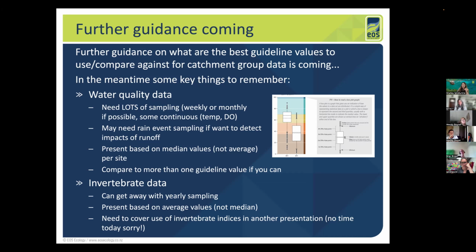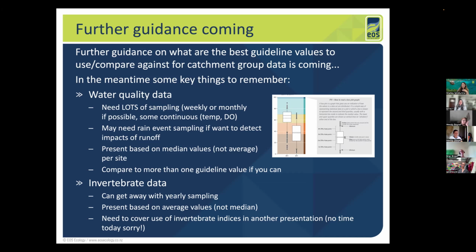But on the flip side, for invertebrate data, you can use average values. Partly that's because for invertebrates you only need to do yearly sampling, really, unless you want to look at seasonal changes. Yearly sampling is totally fine, because invertebrates have a life history. Their life cycle may be one or two years spent in the larval stage in their ecosystem.